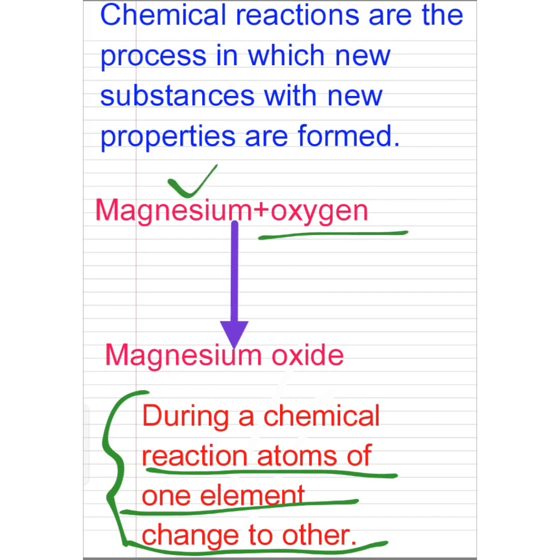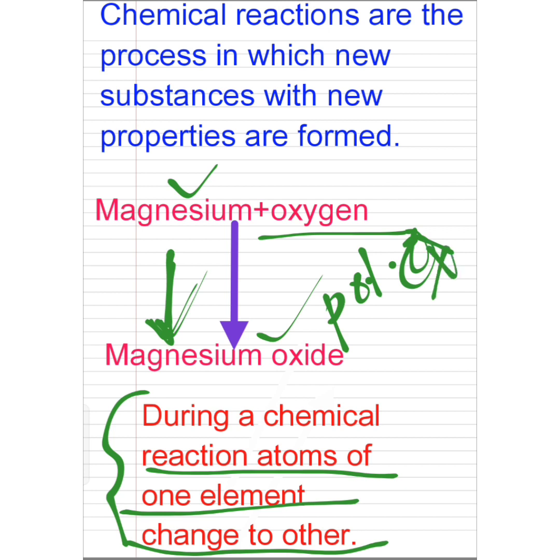After reacting with oxygen, it is forming magnesium oxide. So definitely magnesium will react with oxygen to form magnesium oxide. It will never form potassium oxide.